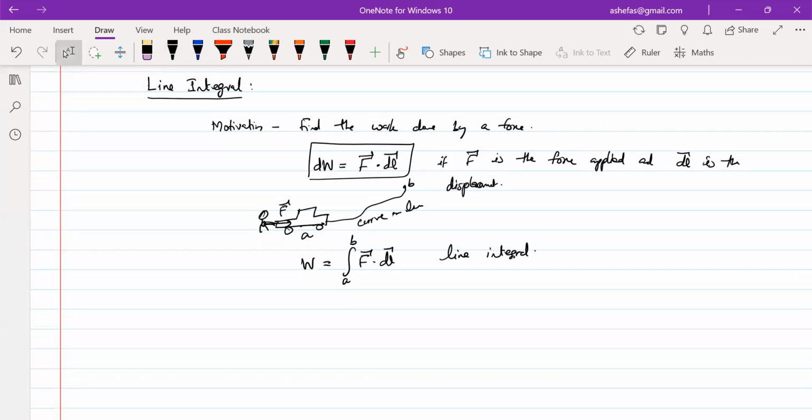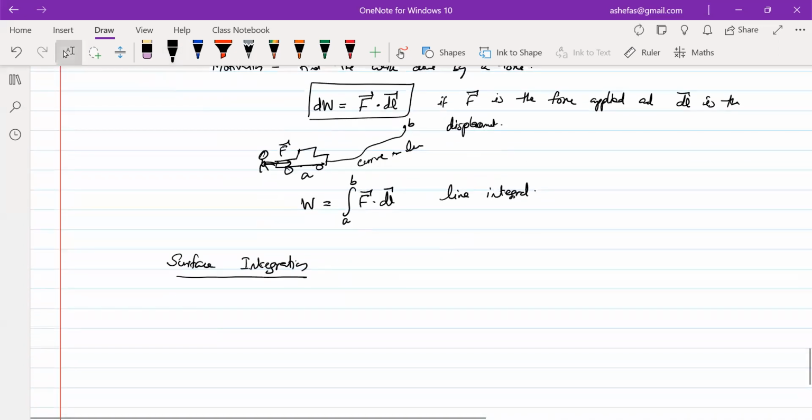Okay. Then what would be the area integration or surface integration? So surface integration, usually the motivation can be finding flux of liquid flow.